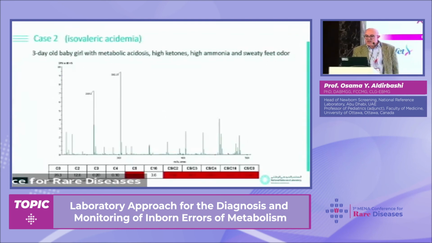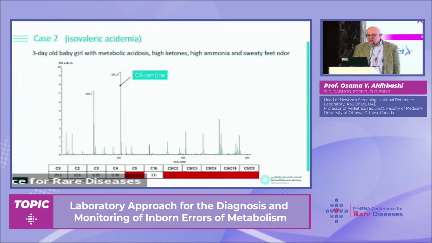And when we did the testing for acylcarnitine, we noticed this very high peak at a mass-to-charge ratio of 302, which indicates the accumulation of isovalerylcarnitine, or C5 carnitine. Here the concentration was probably 100 times elevated, and all ratios of C5 carnitine to any other carnitine, whether C2, C3, or C4, are really high. So this was a very straightforward case of isovaleric acidemia.